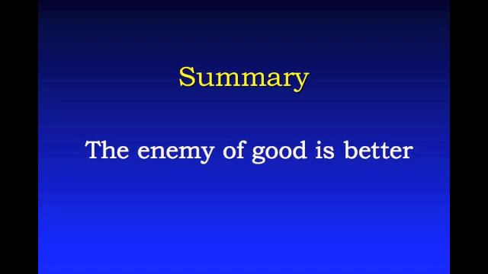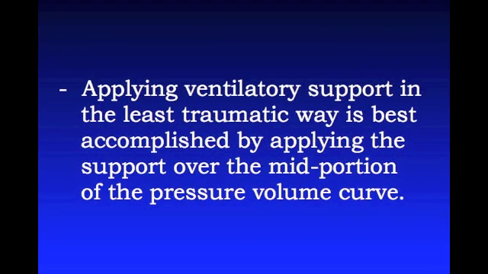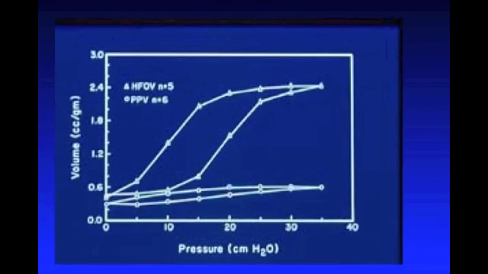And if you're going to apply ventilatory support to the patient and you don't want to traumatize the patient's lung, it's best accomplished over the mid portion of the pressure volume curve. So this is a pressure volume curve of our baboon model. The one on the bottom is a baboon that was conventionally ventilated, has severe hyaline membrane disease.